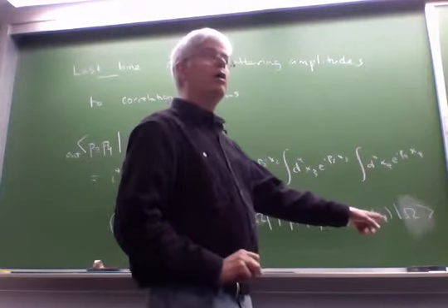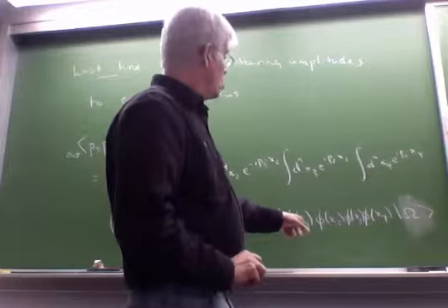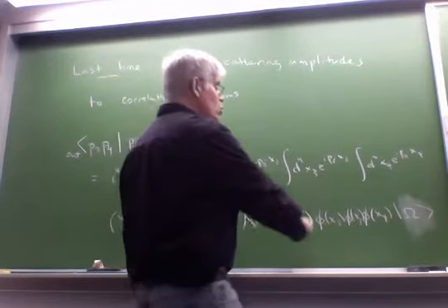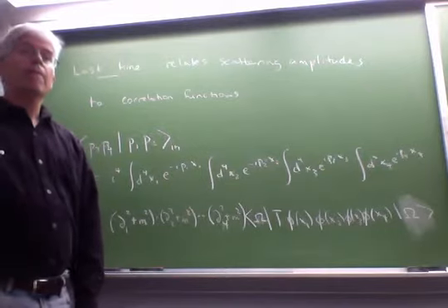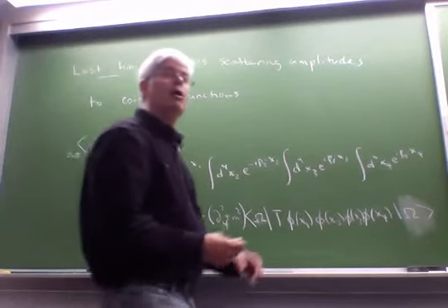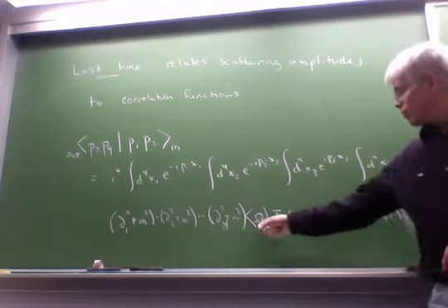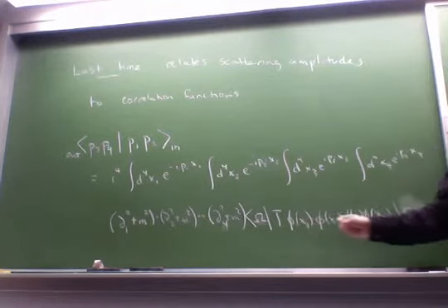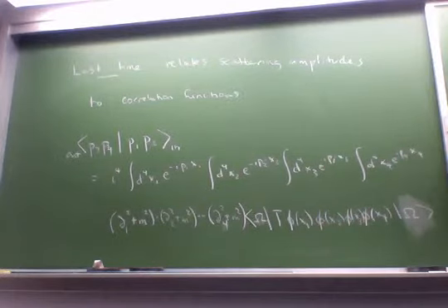No, these are the full correlation functions. Remember that our formula for calculating correlation functions is you write down the correlation function for the full interacting fields on the left-hand side, and then we express that in terms of the interaction picture fields, which are like free fields, on the right-hand side.